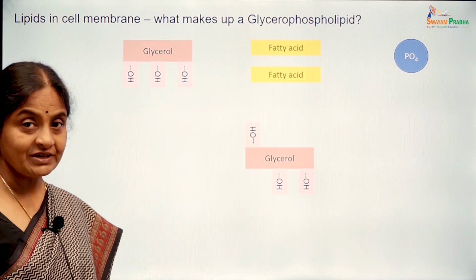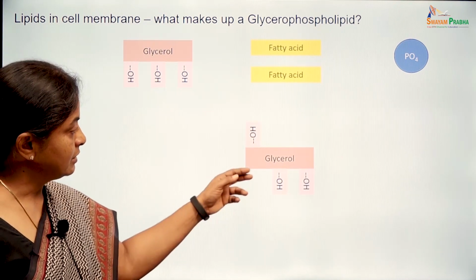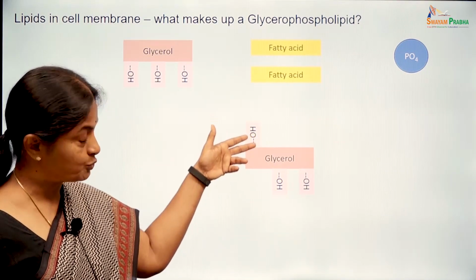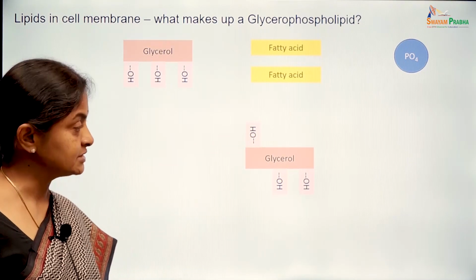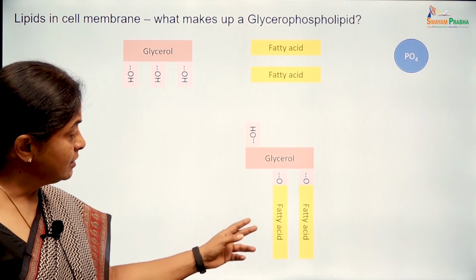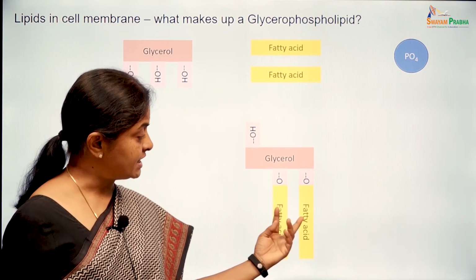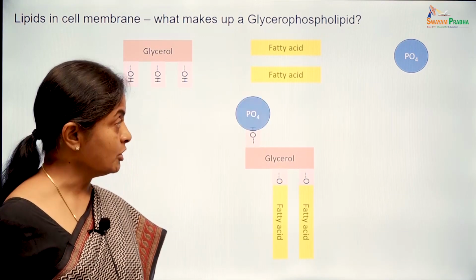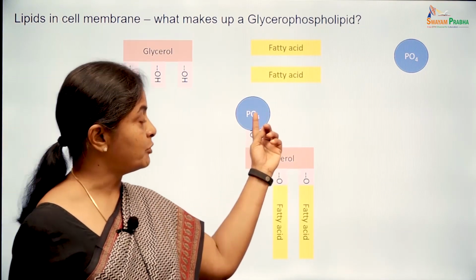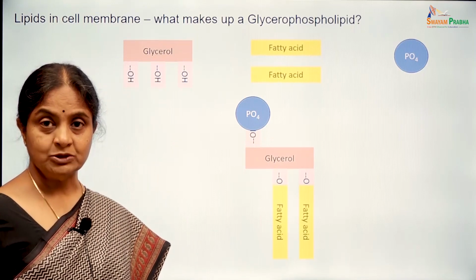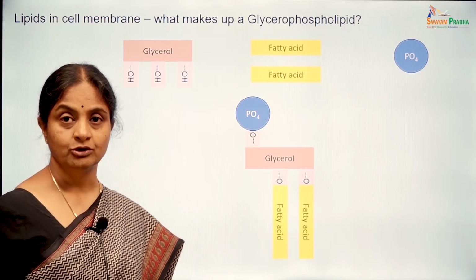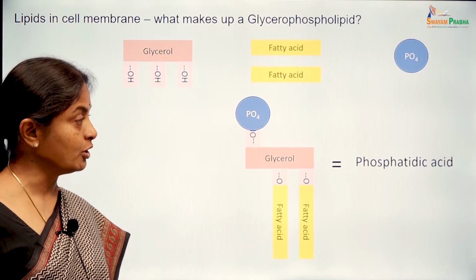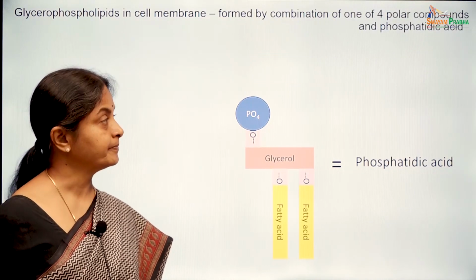Now, in phosphatidic acid, the glycerol molecule, I've flipped one of the hydroxyls for convenience. The two fatty acids form ester linkages with two hydroxyls of the glycerol, and the phosphate moiety combines with the other hydroxyl group of the glycerol. Now, this is what we call phosphatidic acid.